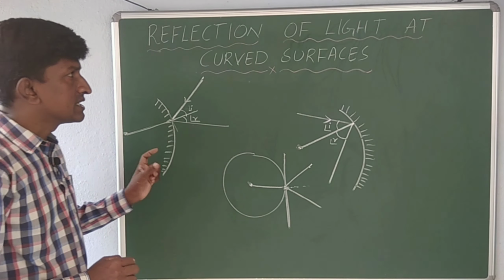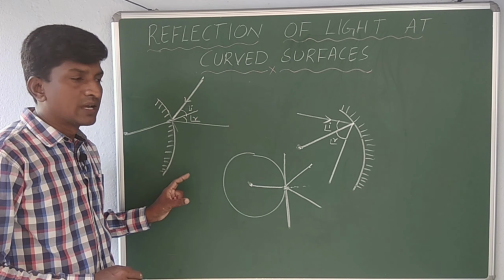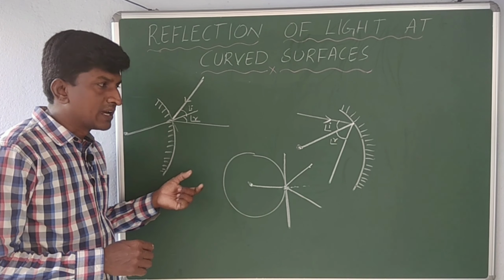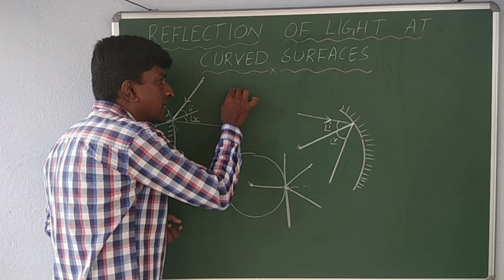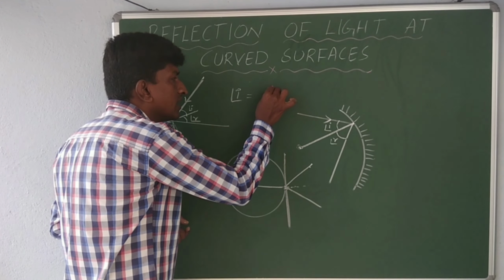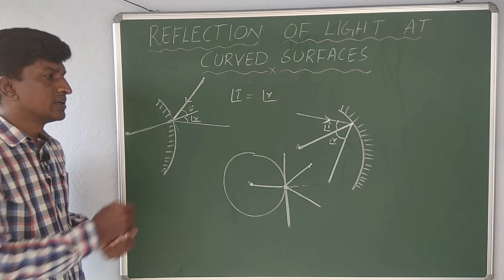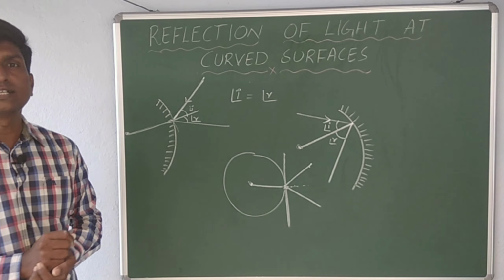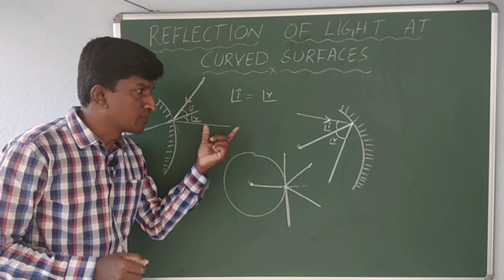So this is about the reflection of light, how we prepare curved surfaces, and how the law of angle of incidence equal to angle of reflection is applicable in the case of curved mirrors. In the next class we will discuss the important terms related to curved surfaces.